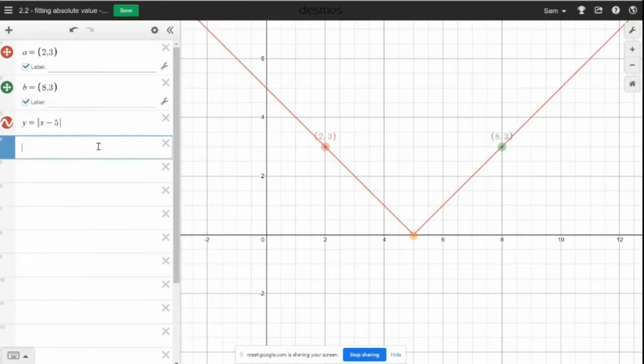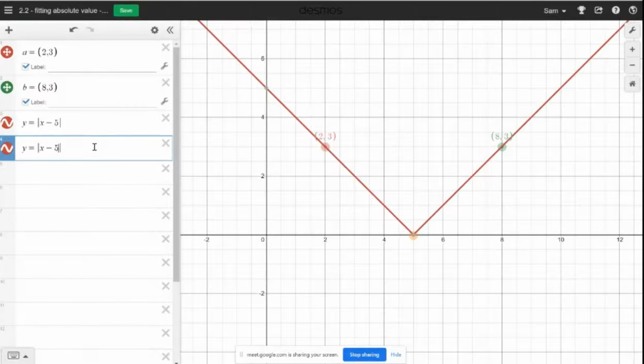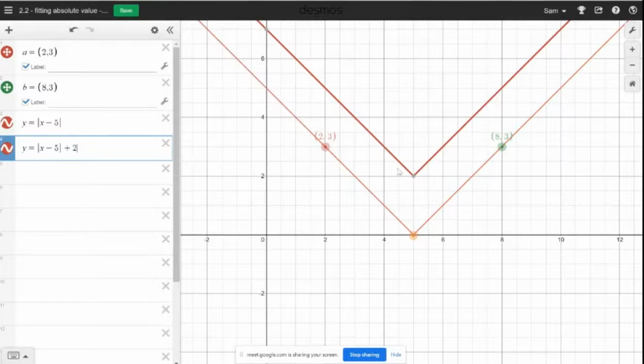if we wanted to do another one, also shifting across by 5, but maybe we wanted to go up by 2. If we go up by 2, we're going to have a different slope. So here the rise is up from 2 to 3, so 1, and across by 3.